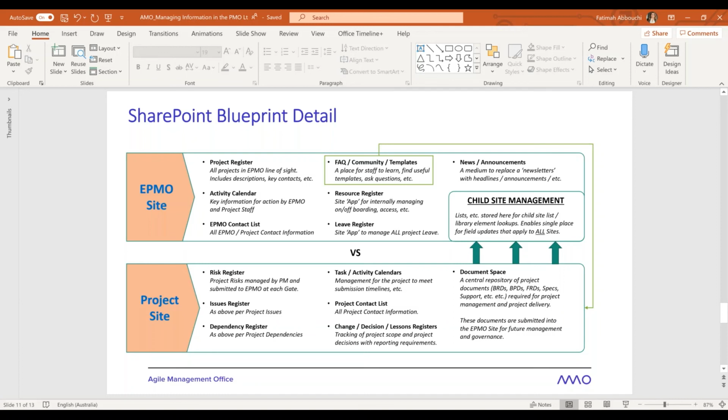And you can see that even though the information is different in the two of them, there is absolute clarity on making sure that the information within the child site, which is the project site in this instance, links up into the enterprise site, and that the information across the FAQs, the knowledge sharing, any templates, etc., is accessible. So they are clearly accessible between the two.